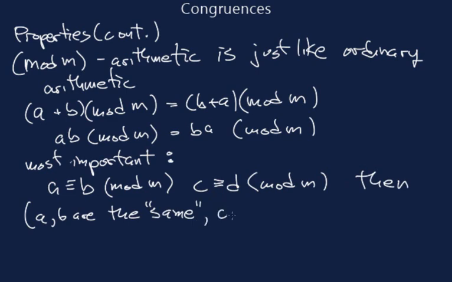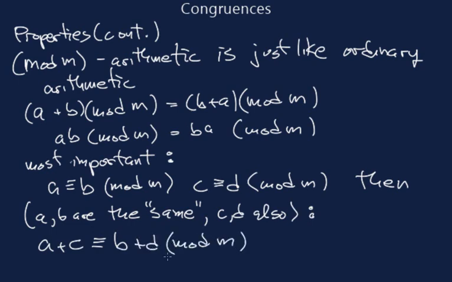To say that a is equivalent to b mod m, and similarly c is equivalent to d mod m, means that for all intents and purposes, if you're doing things mod m, it doesn't matter which one you use. So in particular, if you wanted to add a plus c, that would be exactly the same thing as adding b plus d mod m. So on the left-hand side, I have a. I could have switched it with b, because they're equivalent, and c, similarly, I can switch it with d, and it doesn't matter. I get the same answer.